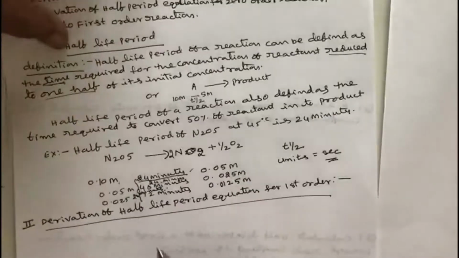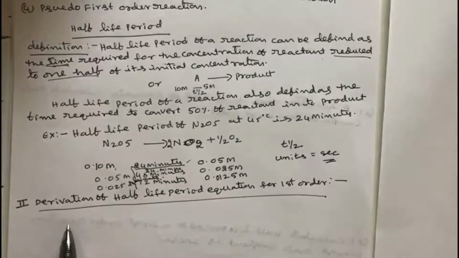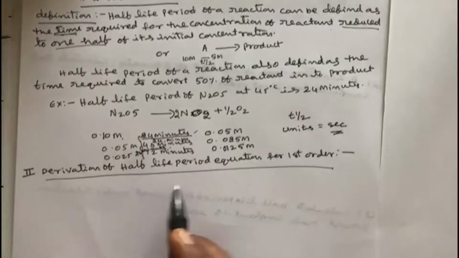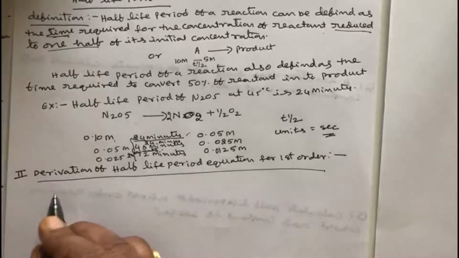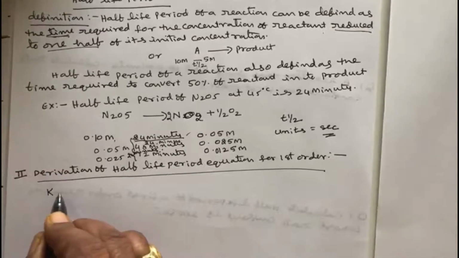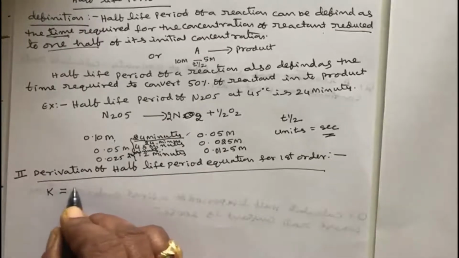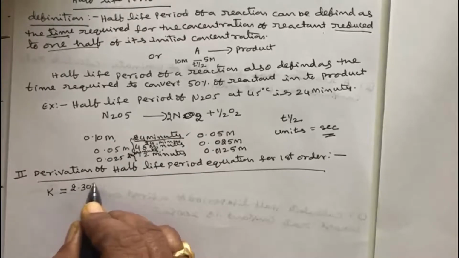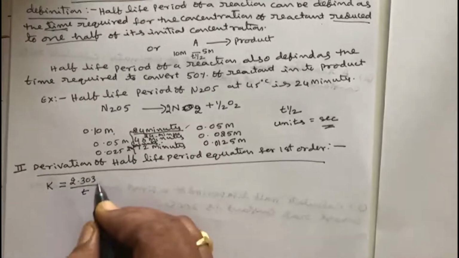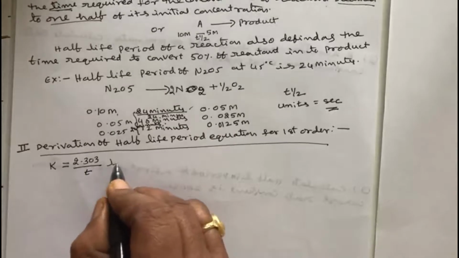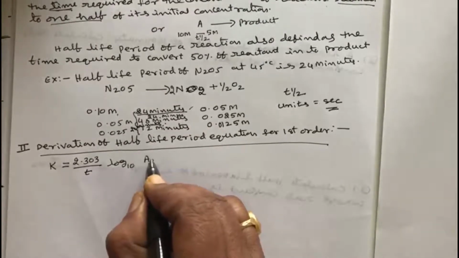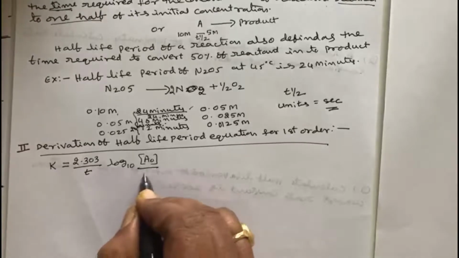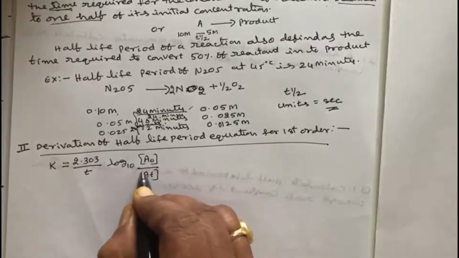Now I am going to derive the half-life period equation for first order. We already know the rate constant for a first order reaction: K is equal to 2.303 by T log base 10 A0 concentration by AT concentration.